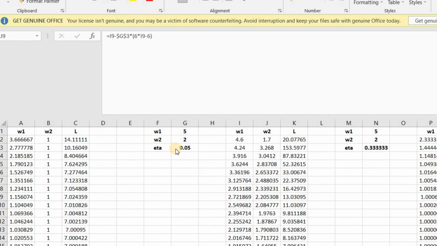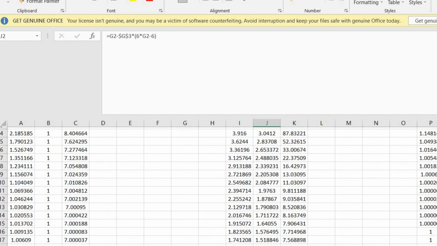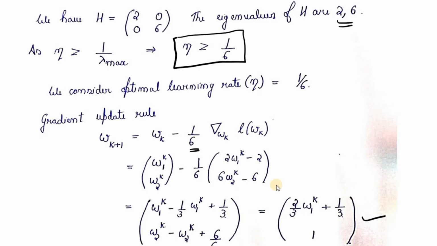Now we will consider two scenarios where the value of learning rate which we are selecting over here, we will start with the same value of W1, but we will start with different learning rates and see whether we are able to converge or not. We start with eta equal to 0.05 and we get the value of W1 and W2 iteratively if we calculate, because when we selected the learning rate 1 by 6 over here, we were able to get a better form in terms like this, which was a compact form.